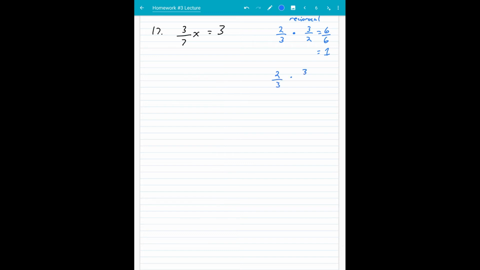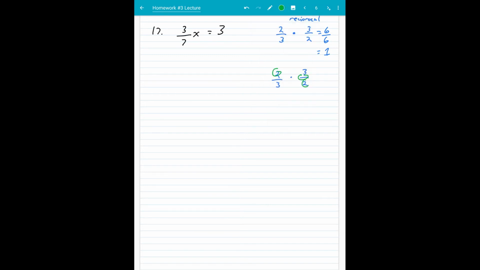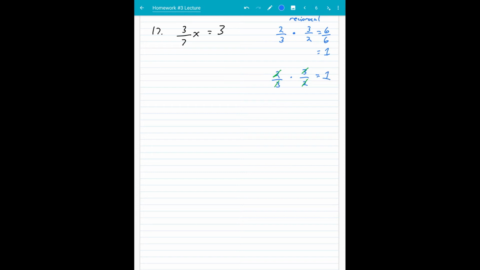Or another way is we cross divide, meaning 2 divided by 2 makes 1, so they cancel out. And then 3 divided by 3 makes 1, so they cancel out, and that ultimately makes the answer 1.